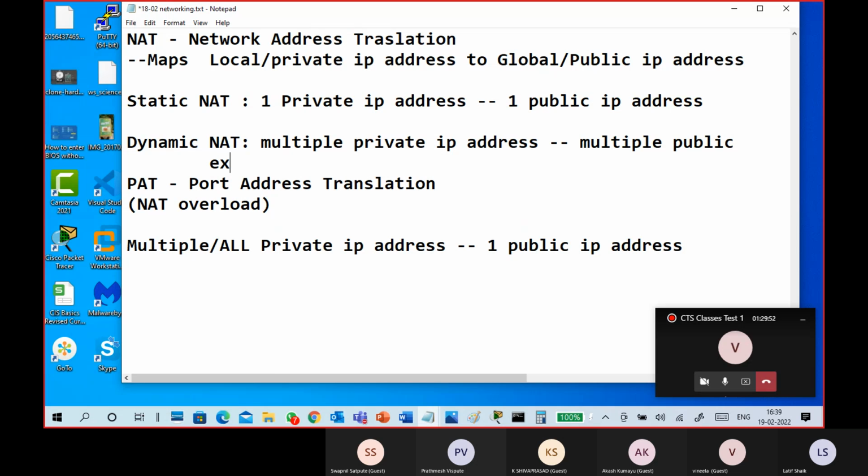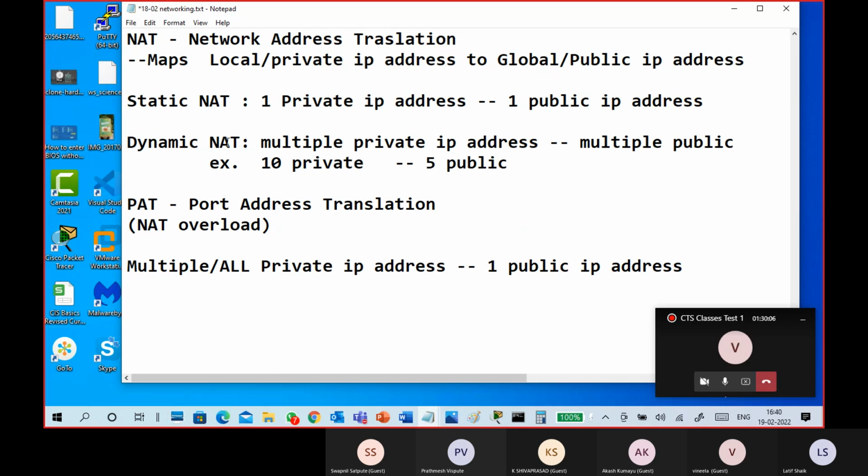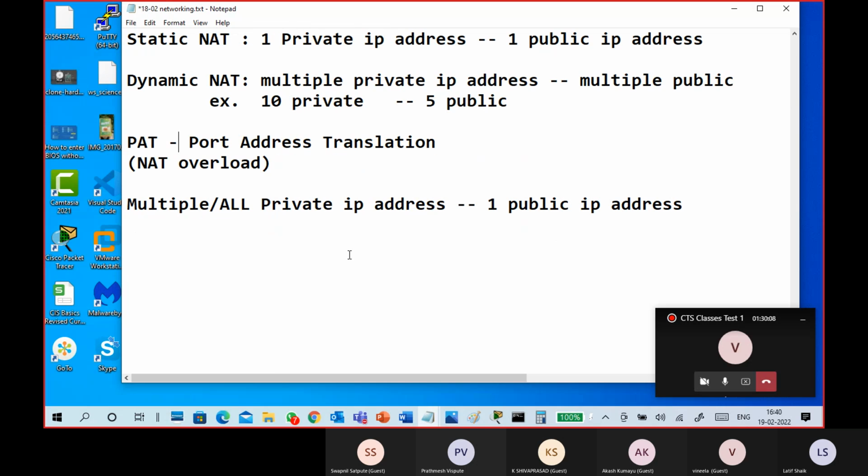We can give an example for understanding. For example, I have 10 private IPs and one public IP. The extension of dynamic is port address translation. So the technique is different.